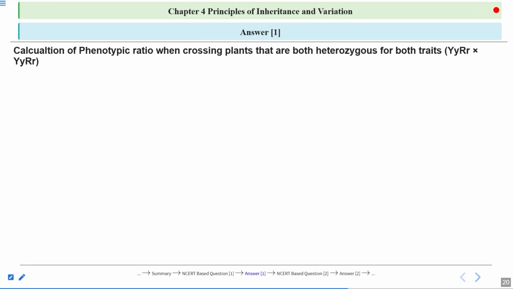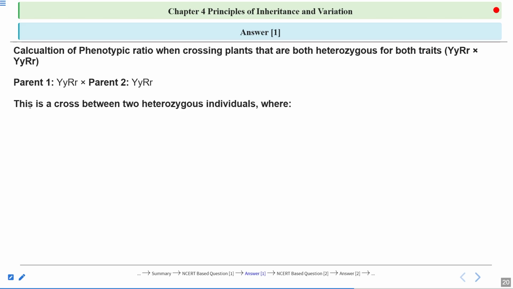Now let's calculate the phenotypic ratio when crossing plants that are both heterozygous for both the traits. So these are the parents given to you. The genotypes of the parents are given.